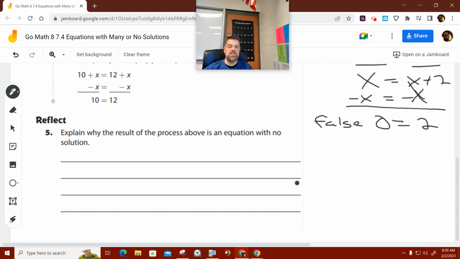So it says, explain why the result of the process above is an equation with no solution. Simply put, it started with a false statement.